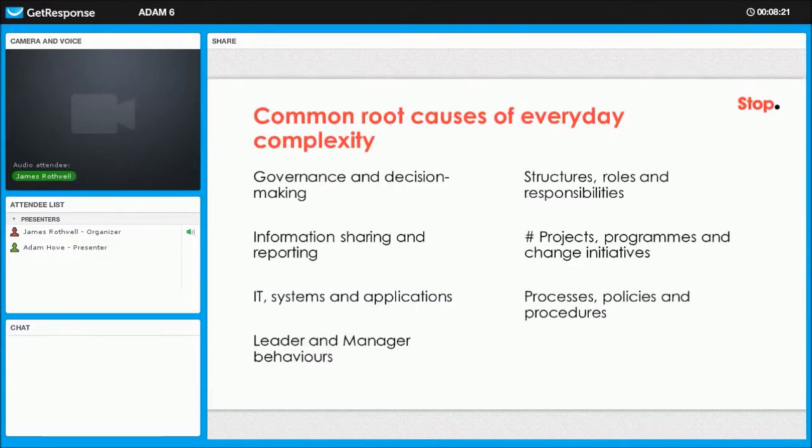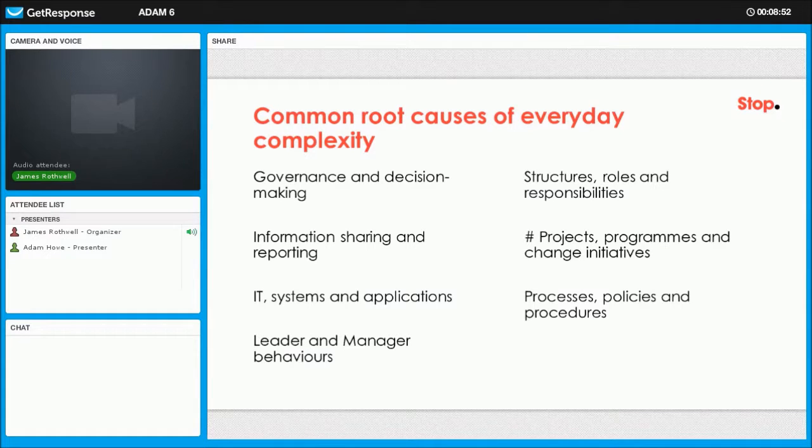So we thought it would be quite helpful just to share some examples of where everyday complexity comes from. Now, obviously, there are root causes of root causes. As an example, growth, whether that's organic or M&A, the macro structure of an organization, the number of markets it serves, the number of strategic priorities it's got on at that time, its relationship with the regulator.